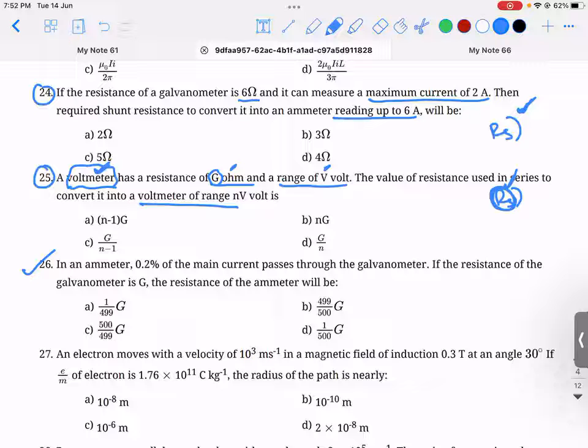So, in an ammeter, 0.2% of the main current passes through the galvanometer. When you look at the galvanometer diagram and shunt resistance, out of 1 I ampere, 0.2 I is flowing through the galvanometer.